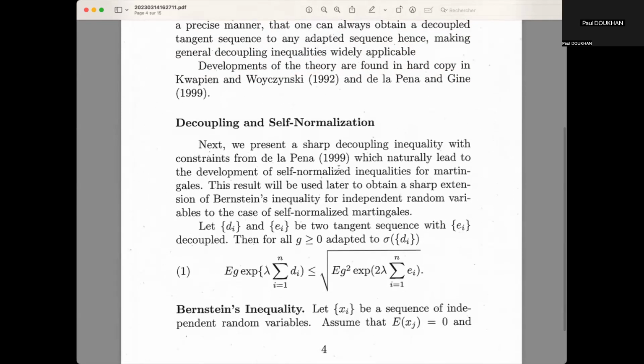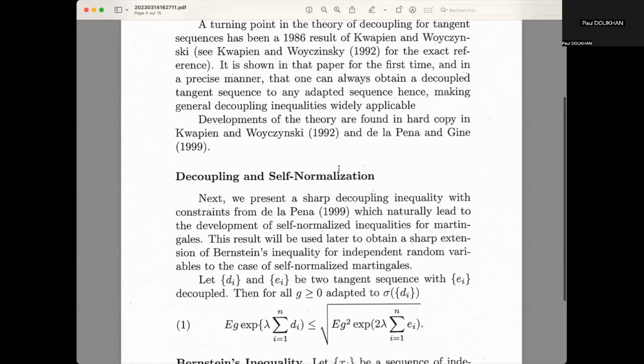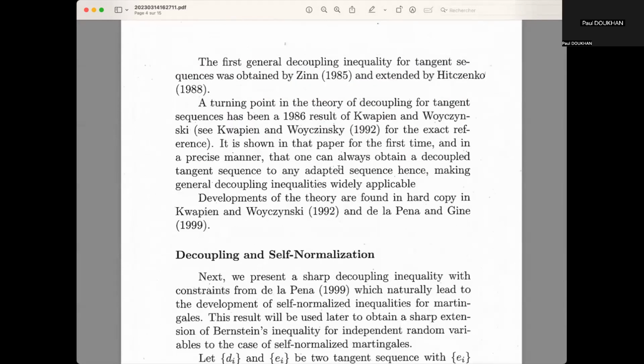Now, I have written two books. One is on decoupling, one is on self-normalization. And as it happens, I came to self-normalization through decoupling. I was in Urbana-Champaign, Illinois, and I asked, what's a good question in probability?